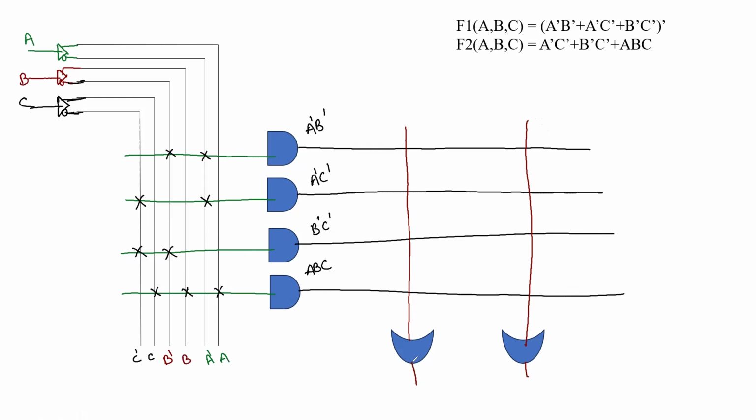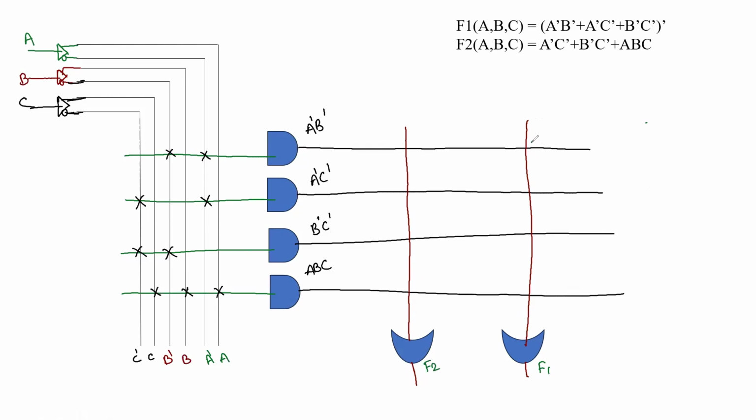So now, since we have two different functions and one function is in the form of a complement, we have to use the XOR gate also, that we are going to see. Suppose for example, this one we are going to take for the function f1, and this one for the function f2.